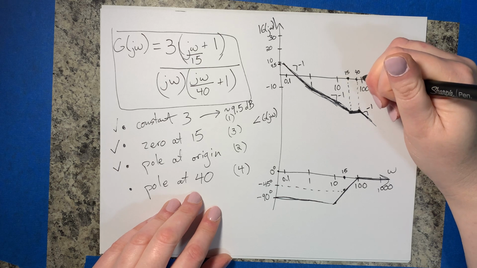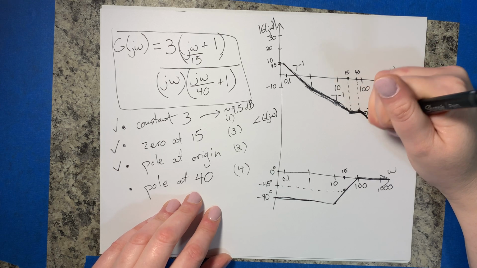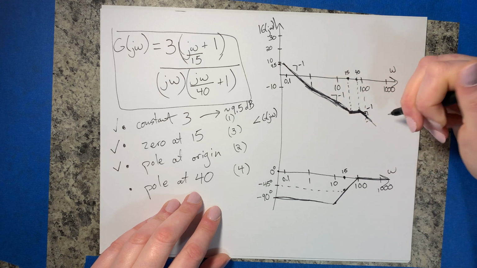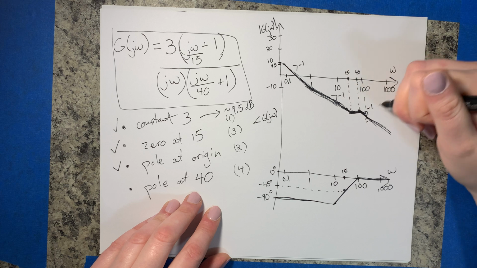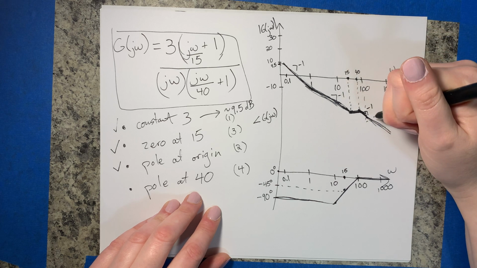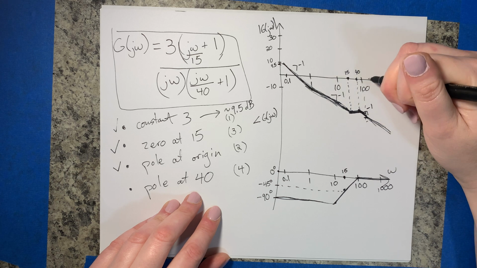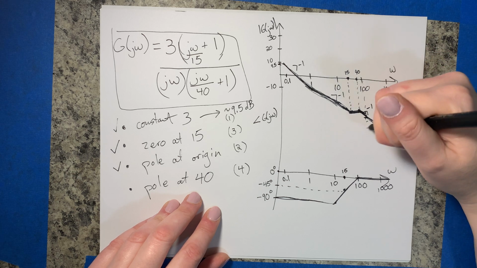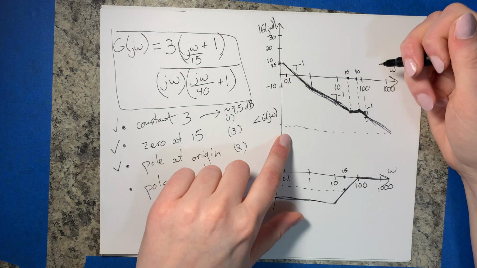Okay, so from 40 to 100, we would have a little bit of effect right here. And then from 100 to 1,000, we'd make sure that we had, if we were given this value right here at 100, then we would have this -20 on the y-axis of whatever that was.